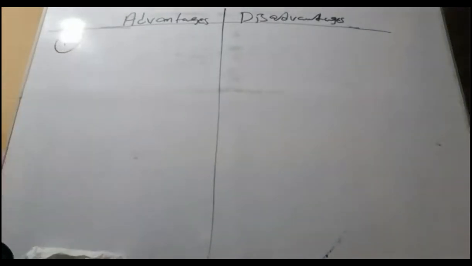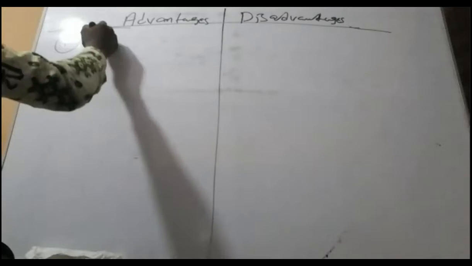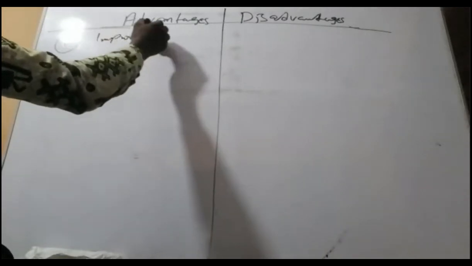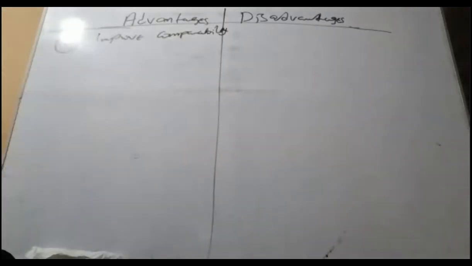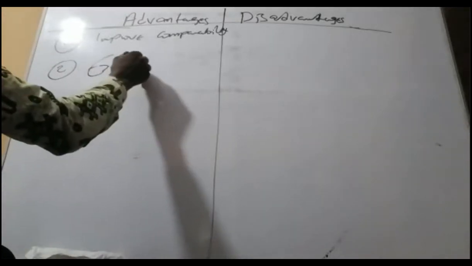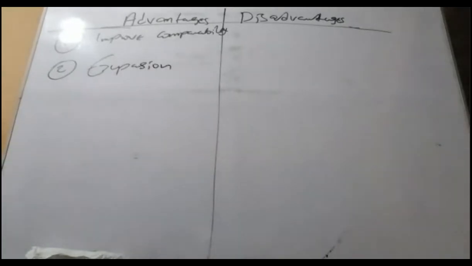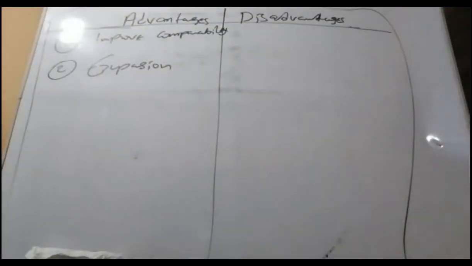Number 1, we said it improves comparability. That's what we talk about. 2, we say expansion. If the IFRS is being harmonized all over the world, it will probably result in a standardized way of presenting financial statements.